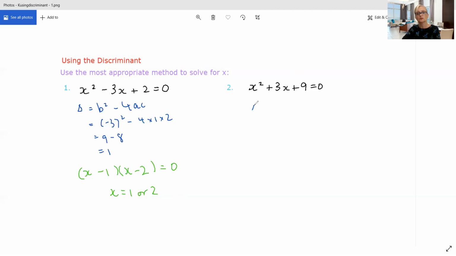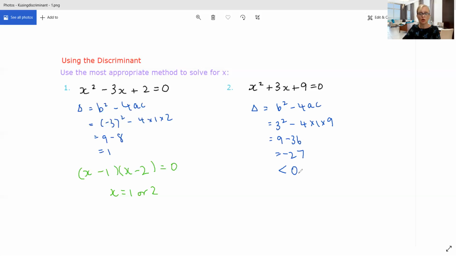So let's work out the discriminant. So b squared minus 4ac. So it's 3 squared minus 4 times 1 times 9, which is 9 minus 36, which is negative 27. Alrighty, in this case, our discriminant is negative.